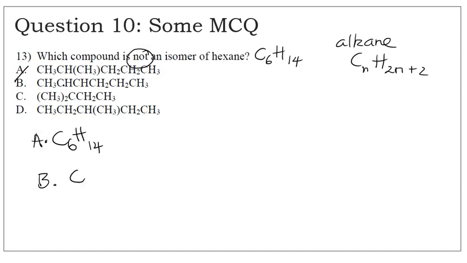Okay, B: 1, 2, 3, 4, 5, 6. 3, 4, 5, 6, 7, 8, 9. This is good, but because I'm paranoid, I will continue. Now, I'm not sure whether I've done something wrong here, but this is also not an isomer. 1, 2, 3, 4. Okay, 5, 6.